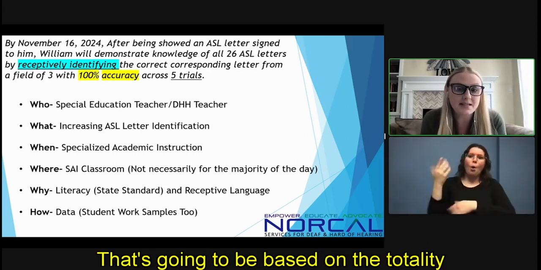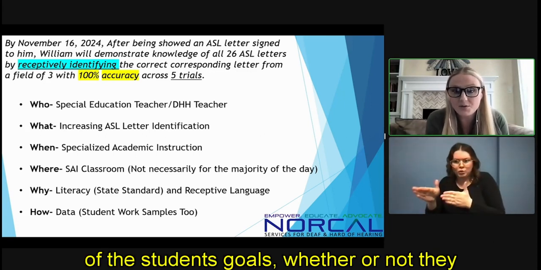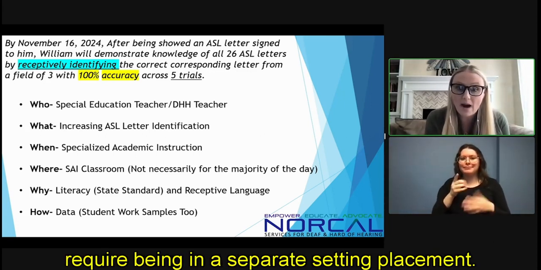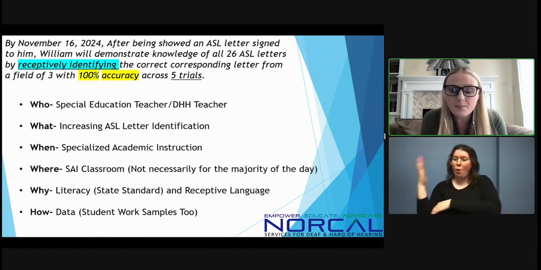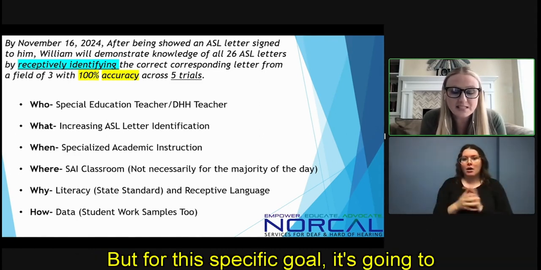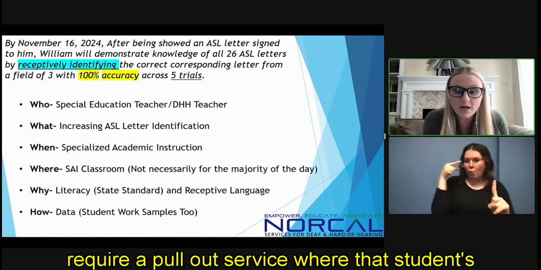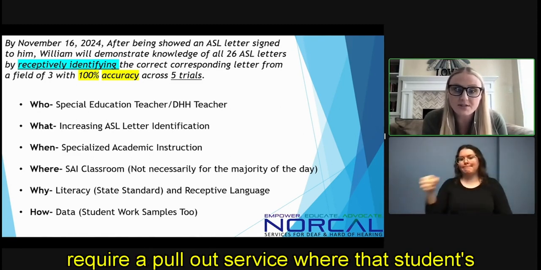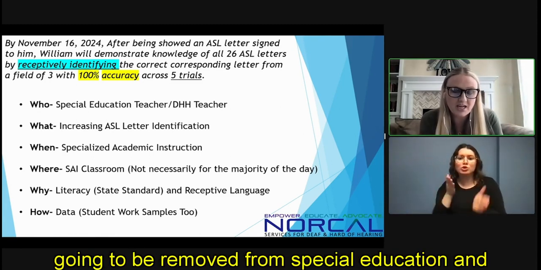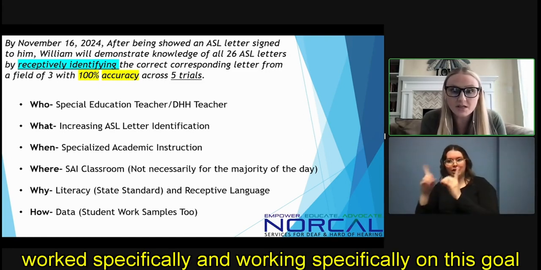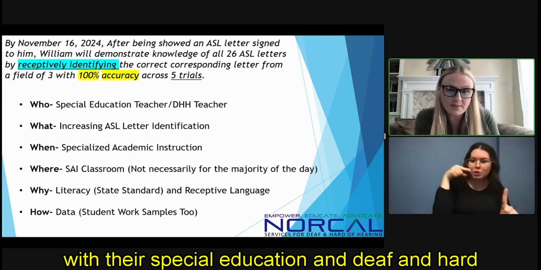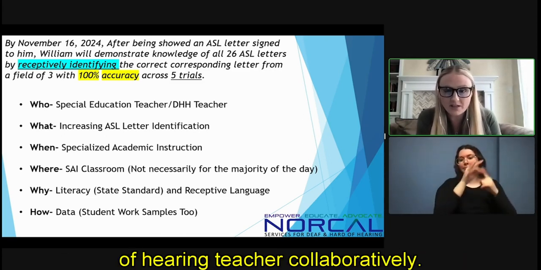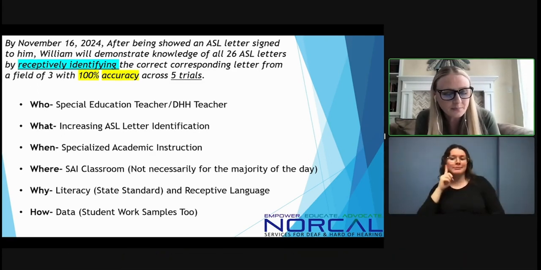That's going to be based on the totality of the student's goals, whether or not they require a separate setting placement. But for this specific goal, it's going to require a pull-out service where that student's going to be removed from general education and working specifically on this goal with their special education and deaf and hard of hearing teacher collaboratively.